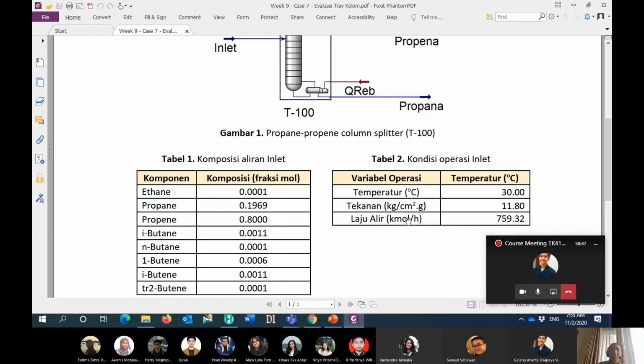So in this case, we would like to evaluate whether this condition is good. The feed composition is shown in table number 1. The flow rate, pressure and temperature are shown in table number 2.